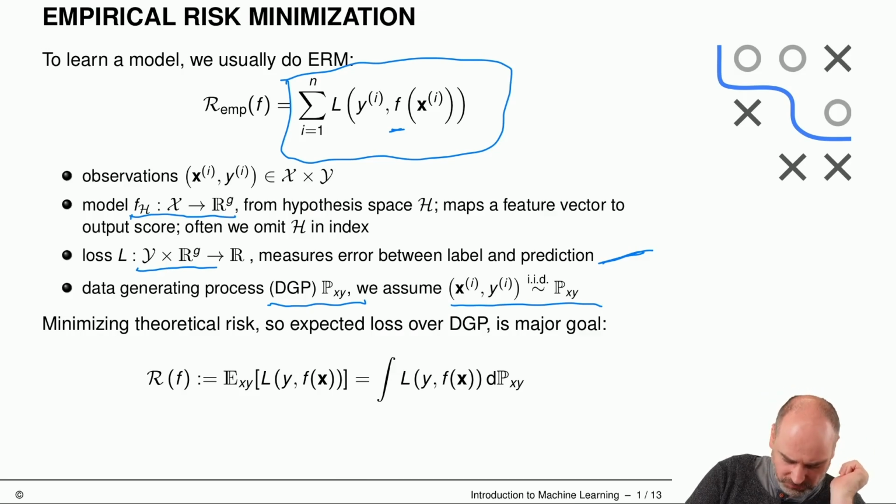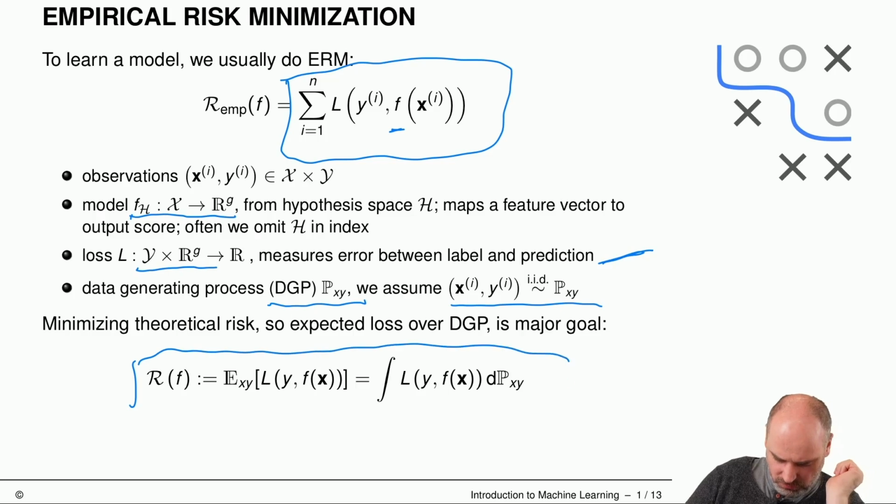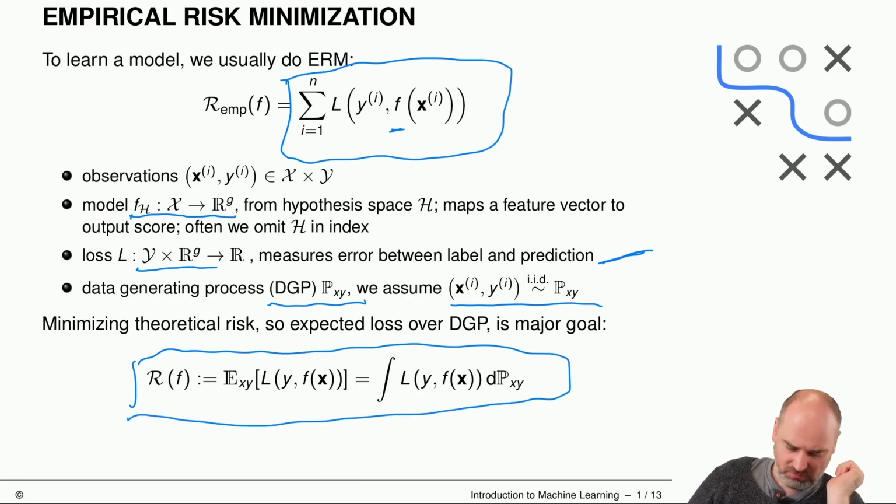Of course, you could also define a theoretical version of this empirical risk, and with theoretical, we just mean that we are now not minimizing this over some given data. We're minimizing this over this distribution, capital P here.